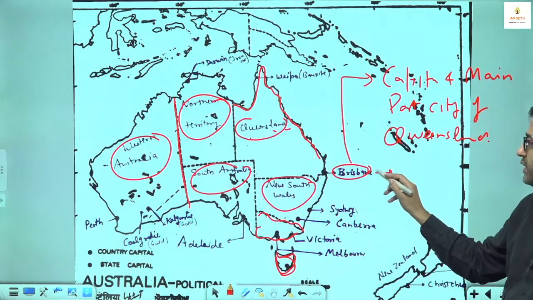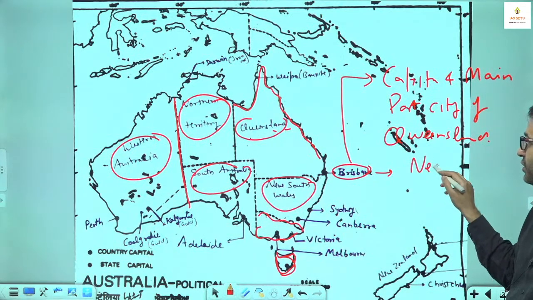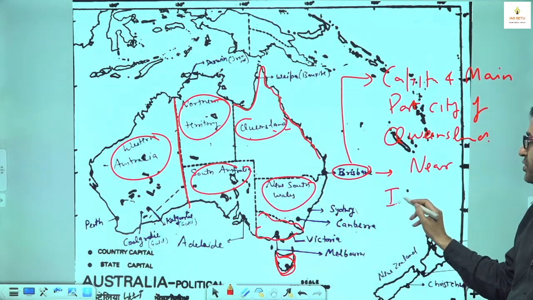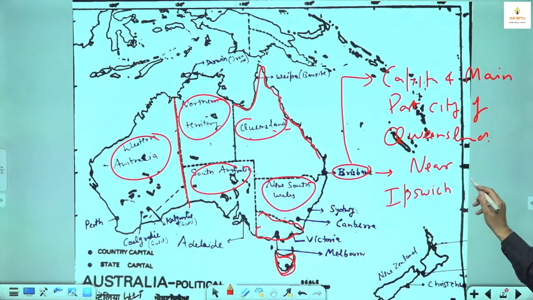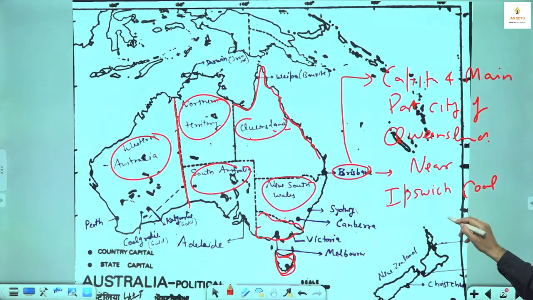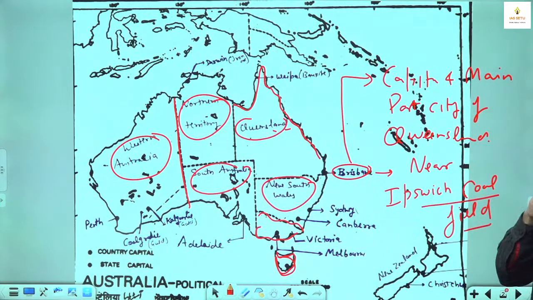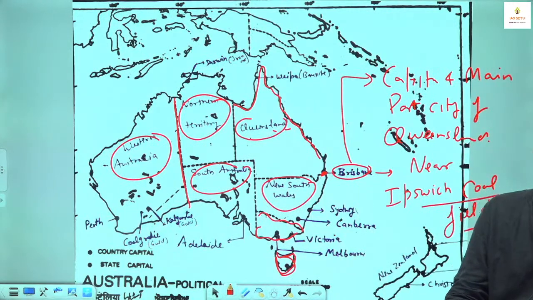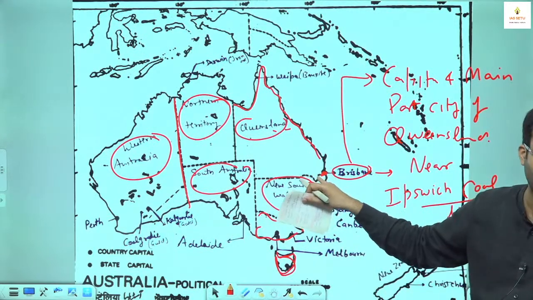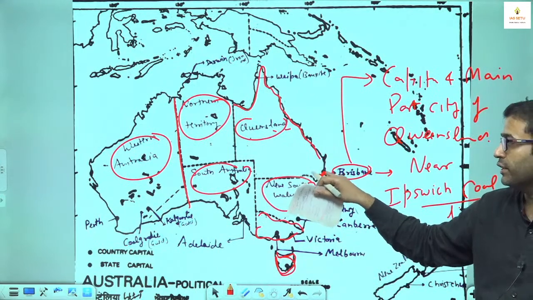Next point is, it is situated near Ipswich, I-P-S-W-I-C-H, coalfield. There is a coal field near Brisbane.